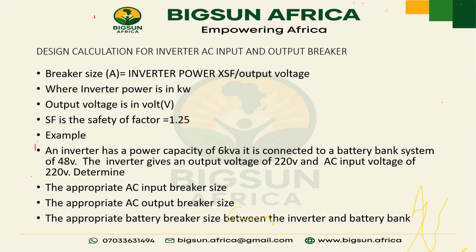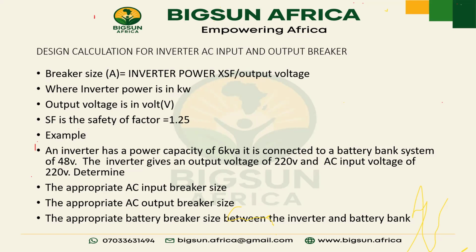So just for a quick one, whenever you have a 5 kVA inverter, just know that your AC input should not be more than 30 amps and your AC output should not be more than 20 amps. Okay?